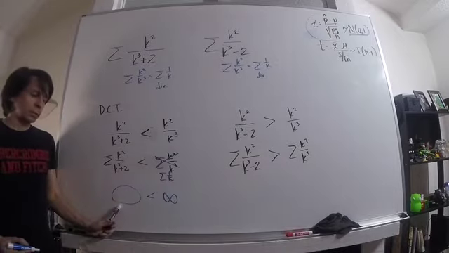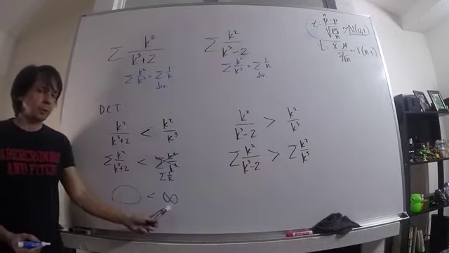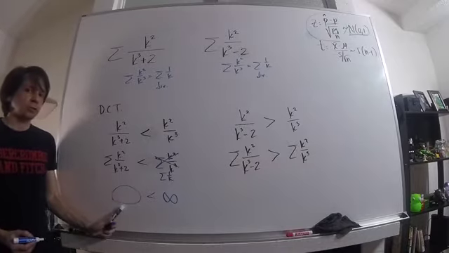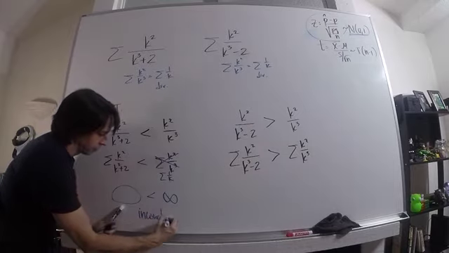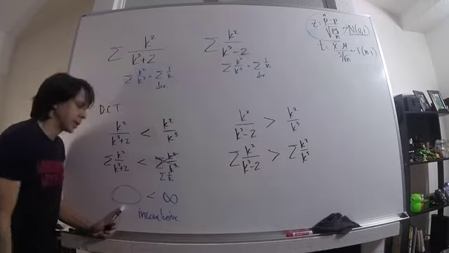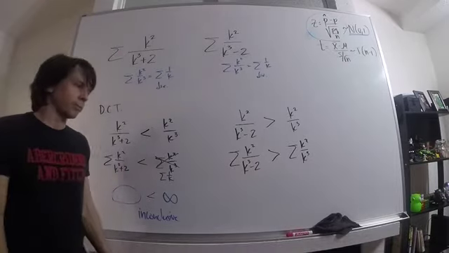Now, it could converge to 5 or 10, or any number, or it could be infinite. The fact that it's less than infinity doesn't mean anything. This is inconclusive. The direct comparison test is often inconclusive if your inequality is not going the way that leads you to a definite conclusion.